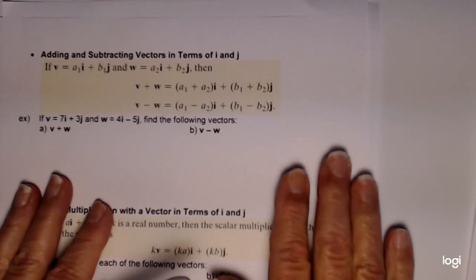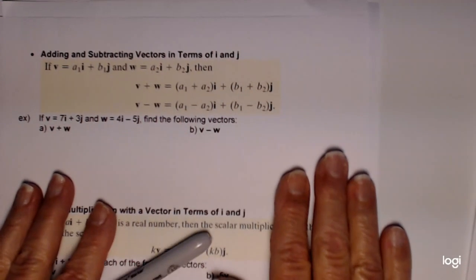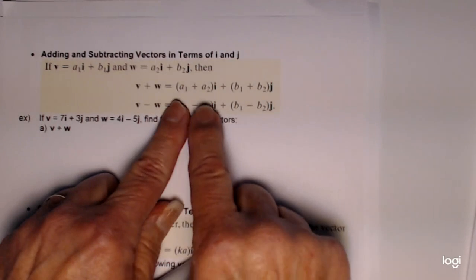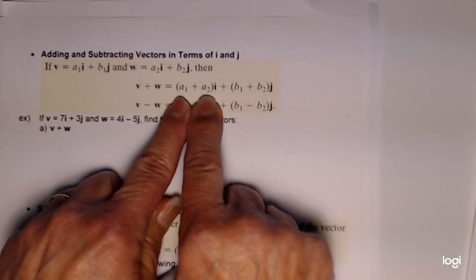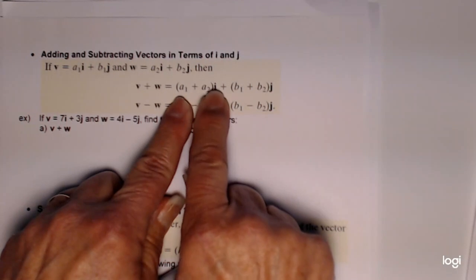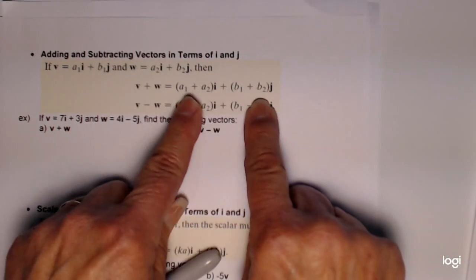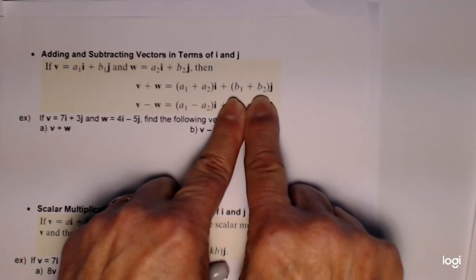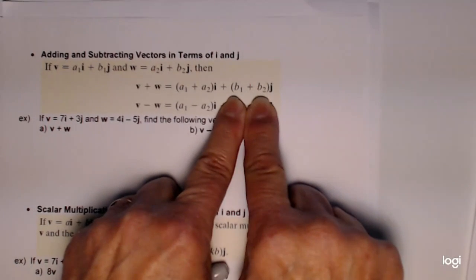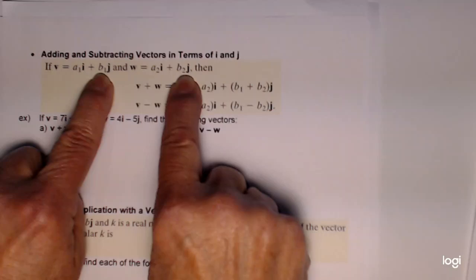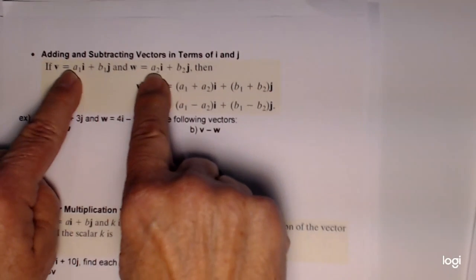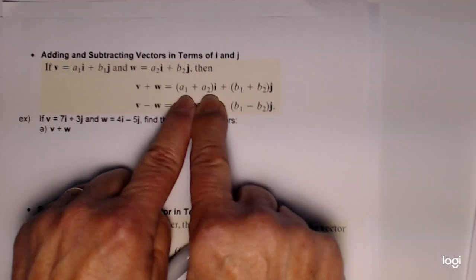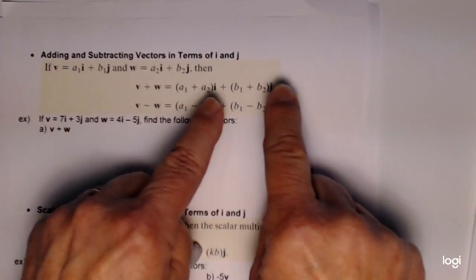When we have two vectors and we add them, as it says here, we're going to add the I component information, and that will sit in front of the I, and we are going to add the J component, or the B's, because B1, B2, this is the J information. So we add the A's, that sits in front of I, we add the B's, and that sits in front of J.